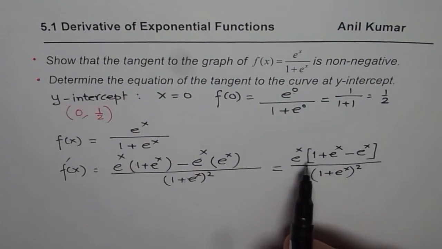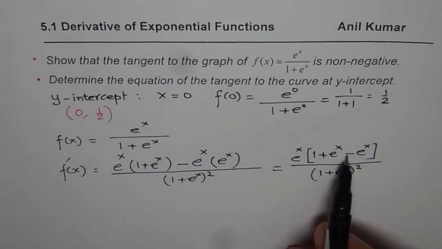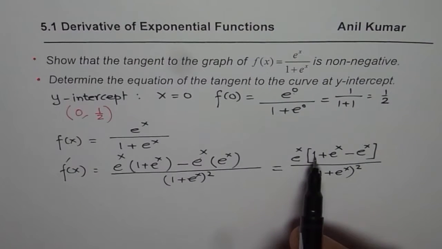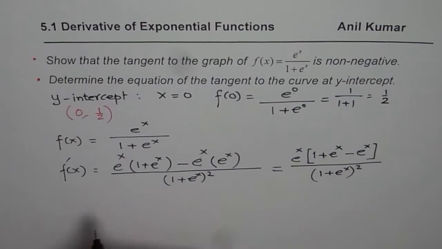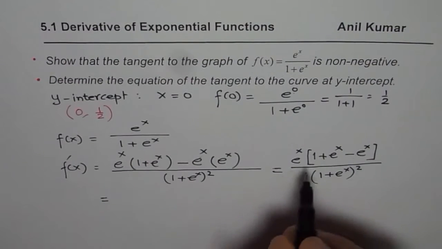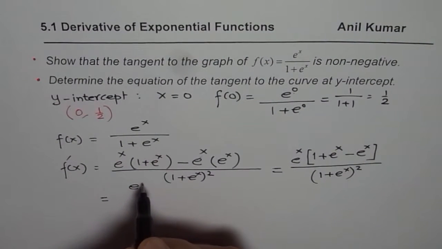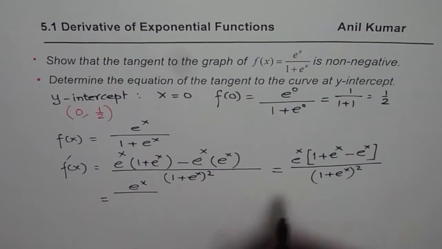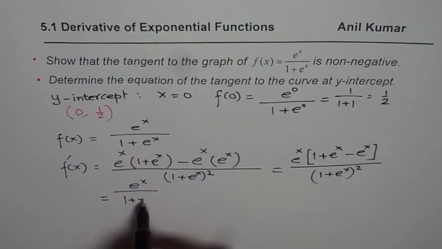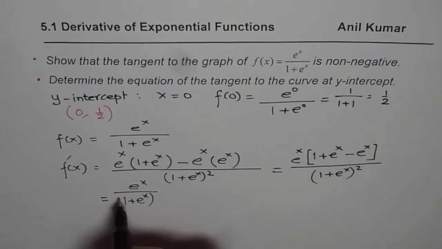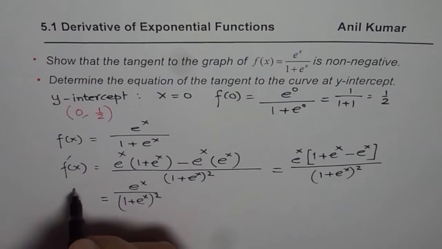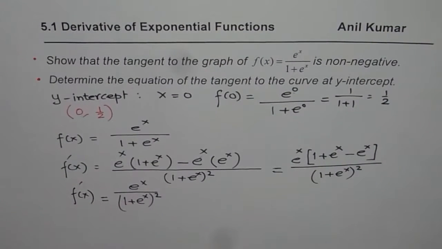Now in this, e to the power of x minus e to the power of x is 0, so we are left with 1 times e to the power of x. So therefore I can write down my derivative as e to the power of x divided by 1 plus e to the power of x whole squared, right? So that is the derivative of the function.